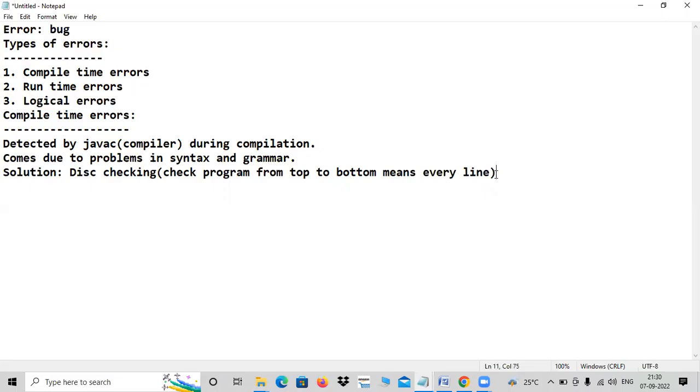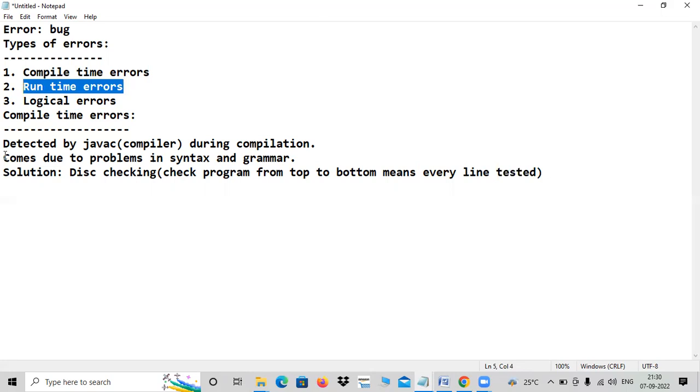So this is all about compile time errors. They are mainly due to syntax and grammar problems, and it is detected by the compiler during compilation initially. Right. And solution is disk checking, checking line by line. Every line tested like that.